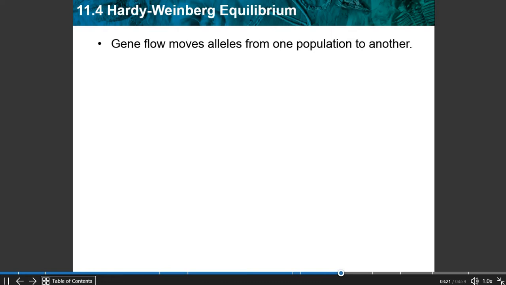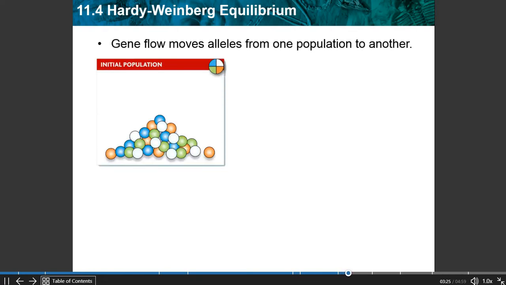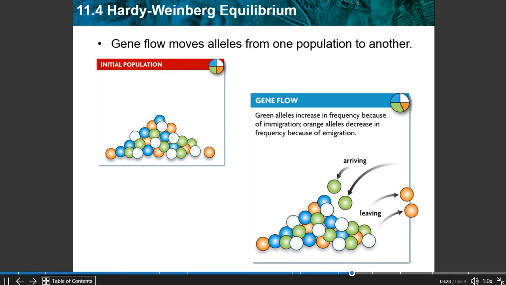Gene flow moves alleles from one population to another. So the green ends up increasing in its frequency because of immigration, and the orange decreases because of emigration.